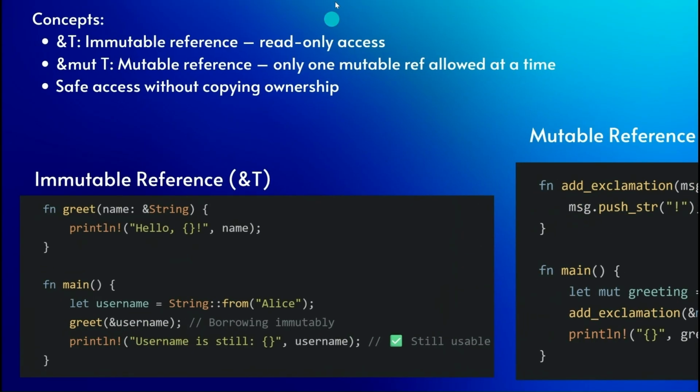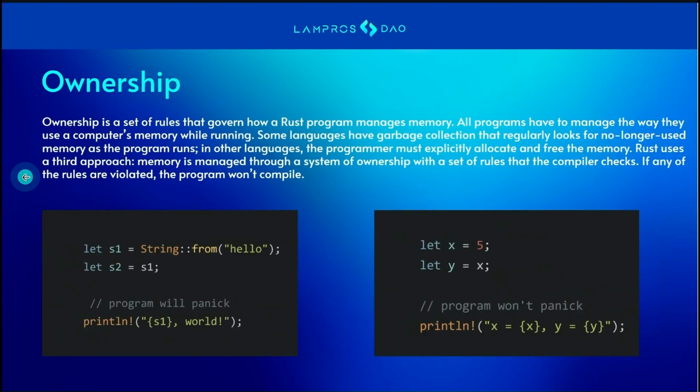If we had passed this value alias to the greet function without the ampersand sign, it would be the same case as this case, where we have not used the ampersand. If you want s1 to still hold the ownership of the hello value, and s2 just wants to borrow the value hello from s1, then we have to use the ampersand sign.